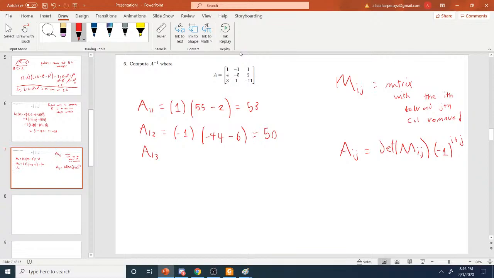And then I'm going to get A13. This is going to be equal to, let's see, +1 over here, and then first row, omit the third column. So 4 times 1 minus -5 times 3, it's just 19. And then I'm going to compute A21, A22, and then A23.